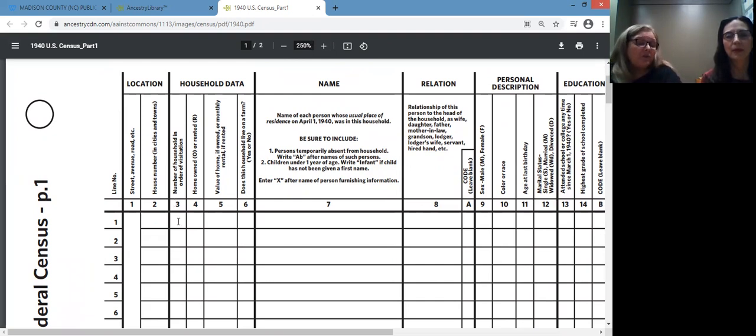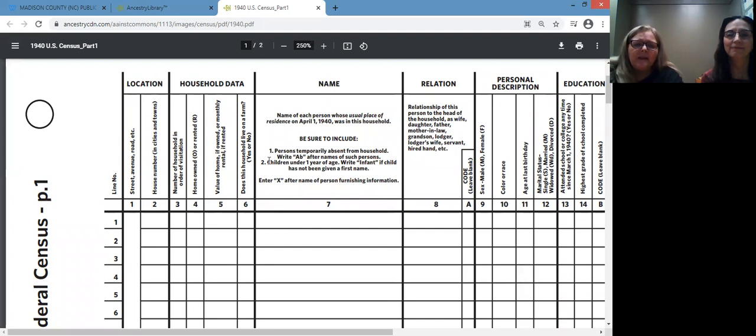So if this was the first house that they'd been to, it would be number 1. Whether it was owned or rented, the value of the home if owned, or monthly rental if rented. Does the household live on a farm, yes or no. Not so many of those nowadays.